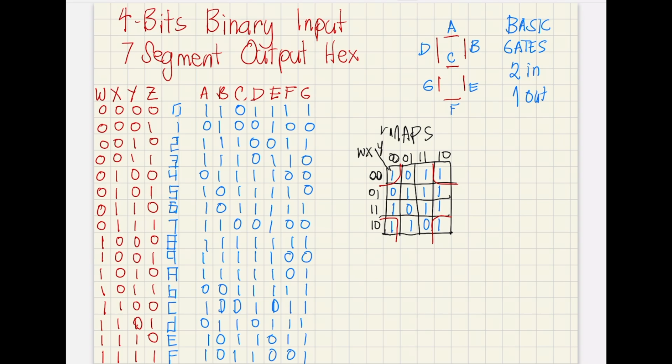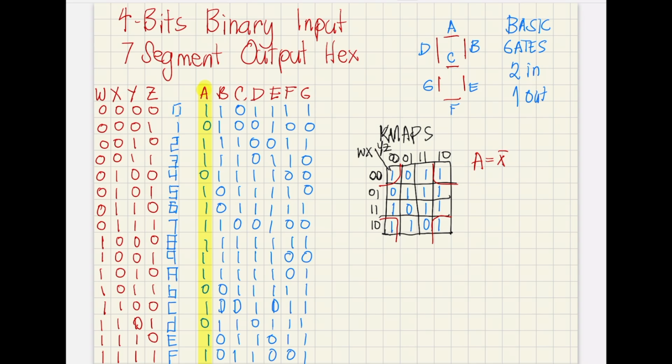As you can see here, I'm correcting the variable. For the letter A, I highlighted the letter A where I arrived at this KMAP.